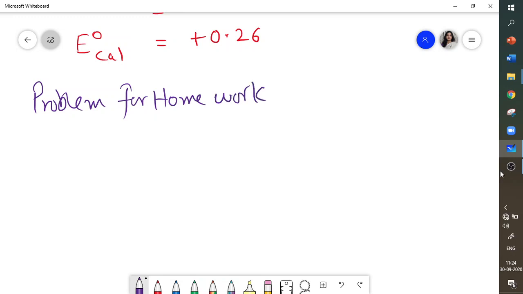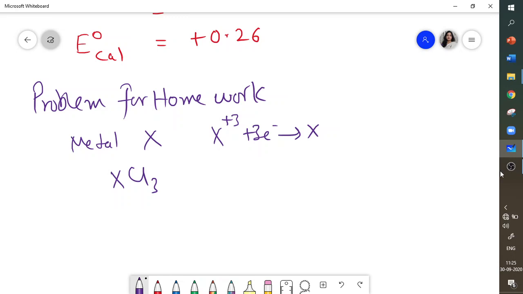Now you see this. Suppose a metal X undergoes reduction as X plus 3 electrons to give X, and its salt XCl3 is there, just like Hg2Cl2.